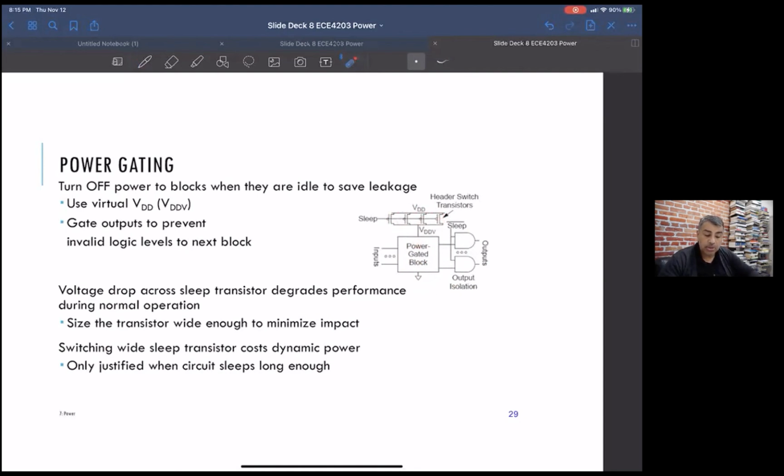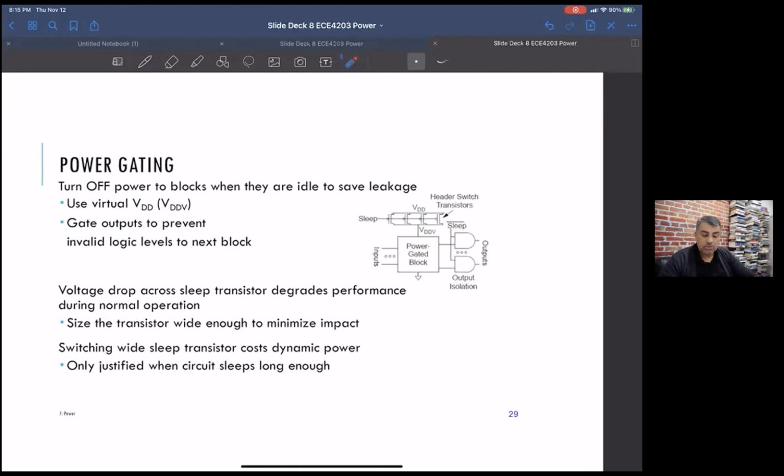And this is something you can do when you want to go to extra power reduction, but you do have to worry about a couple of things. If your power gated block is just floating or going to get drained off, you better make sure whatever circuit that block is driving gets a known input.